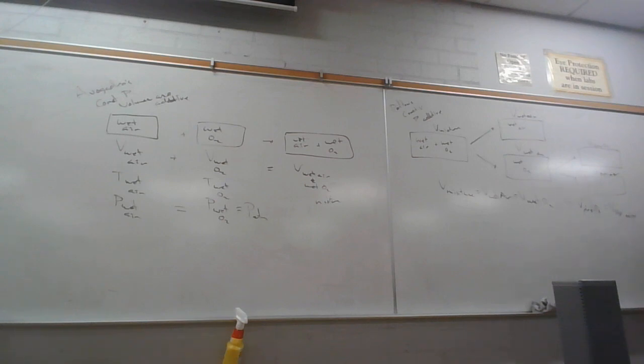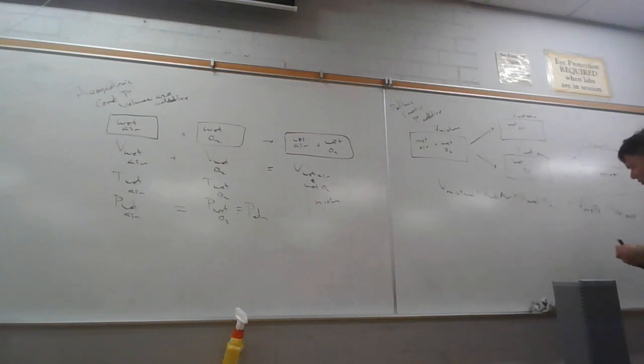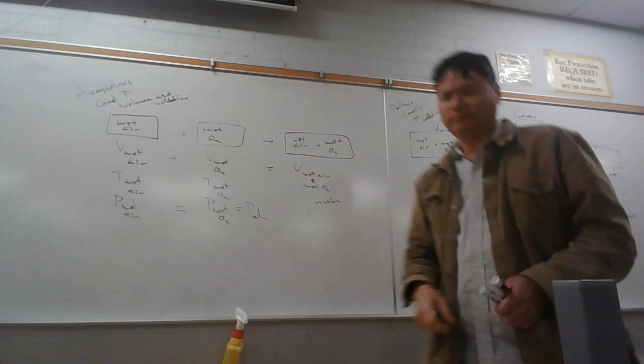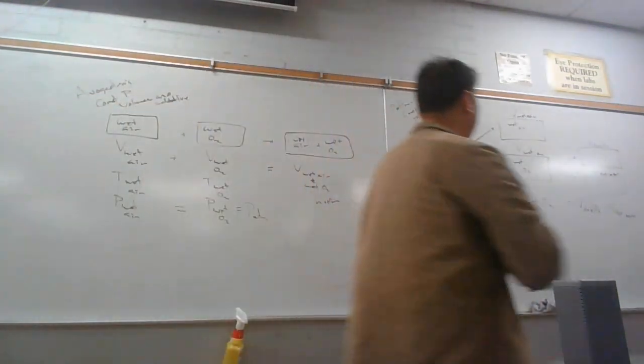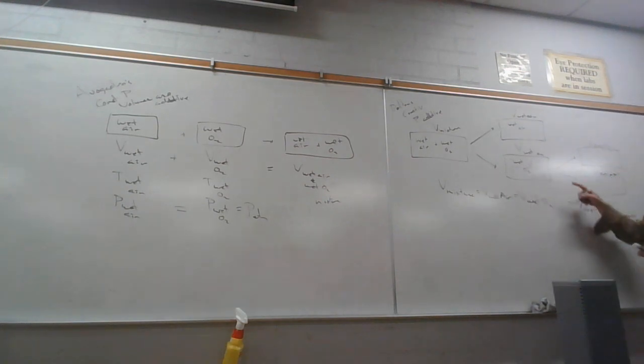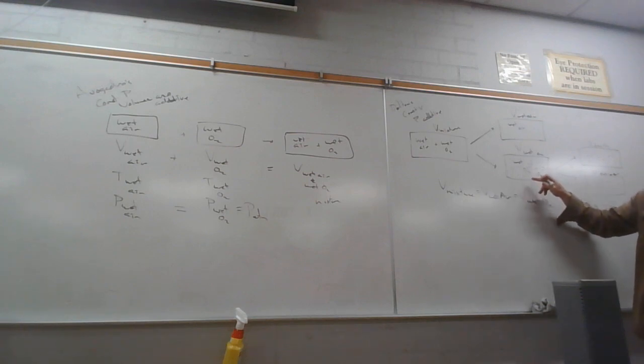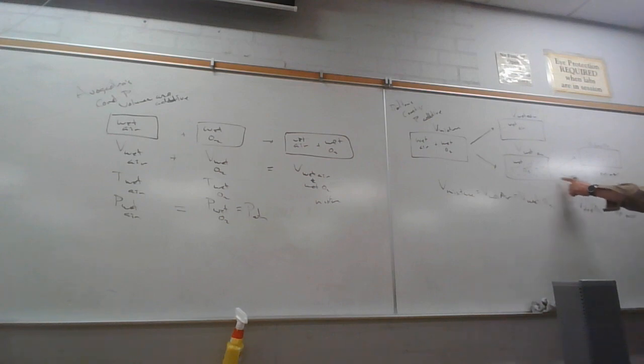So what's going to happen here is we're just going to separate this. We're going to have wet O2, and O2 is going to consist of oxygen and water vapor. So we're going to put the oxygen in one container and the water vapor in another container. And so now the pressures are not going to be the same. And so we're going to have the pressure of the wet O2 here, and we're going to split it off into two separate containers of equal volume.